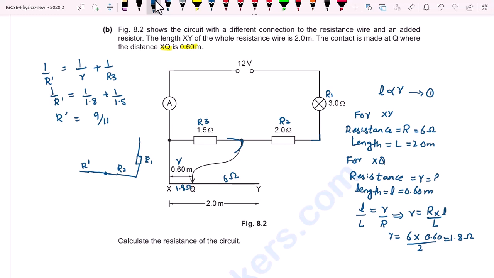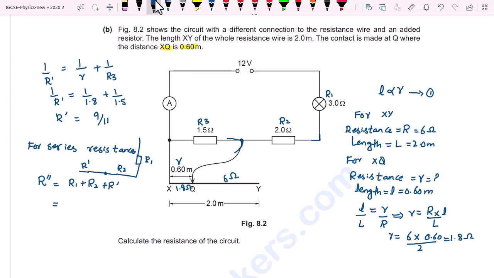Because we know that for series circuit, R equivalent is obtained by adding these resistance R1 plus R2 plus R prime.